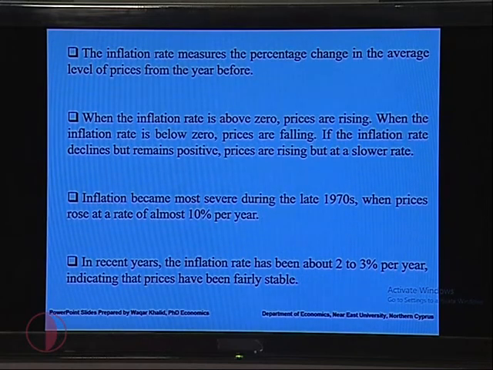But in recent years, the inflation rate has been about 2 to 3% per annum, indicating that prices have been fairly stable. If we analyze the graph of the inflation rate for the US economy in recent years, we can see that it has been about 2 to 3% per year.